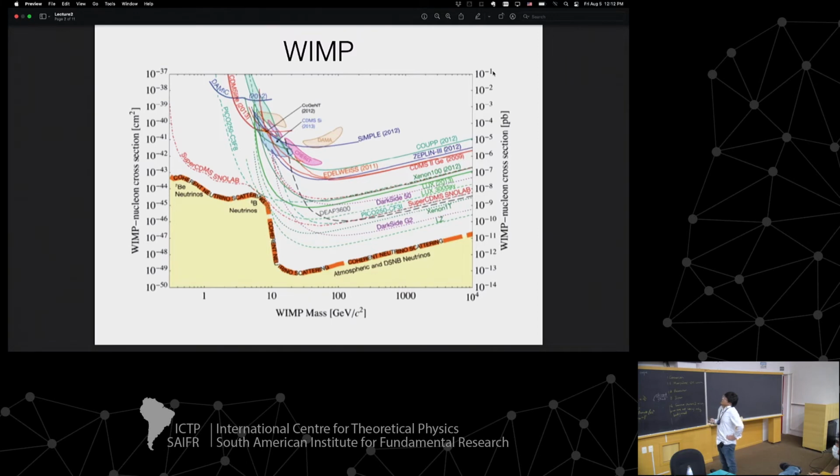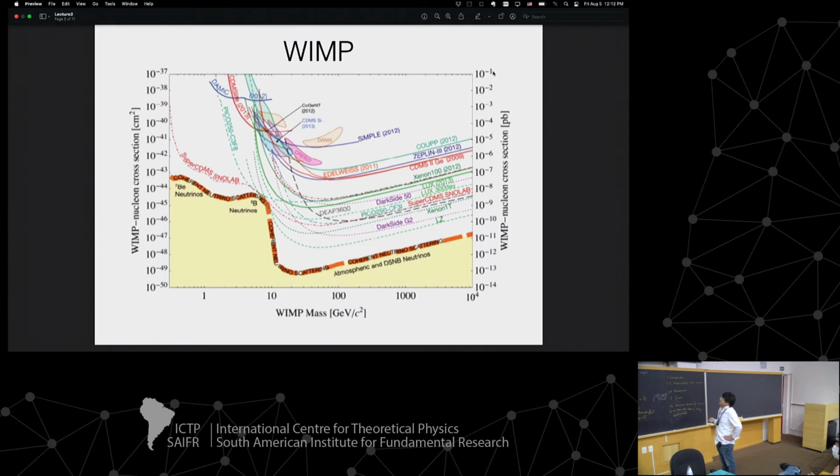Okay? So yesterday, someone asked about this line, which is called the neutrino floor. On the left-hand side, we mostly have solar neutrinos, neutrinos coming from the sun, and if we want to beat that, we need directional experiments.